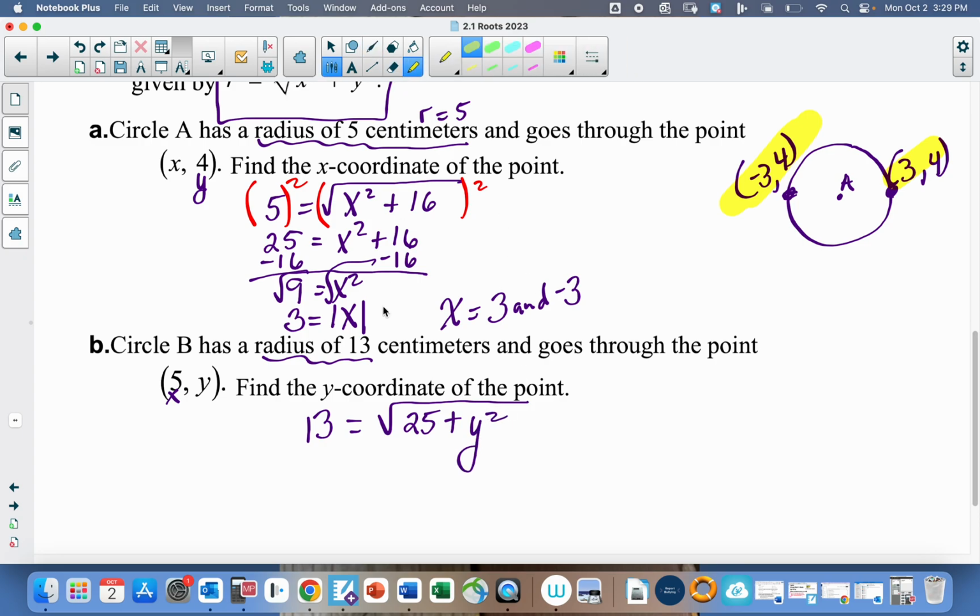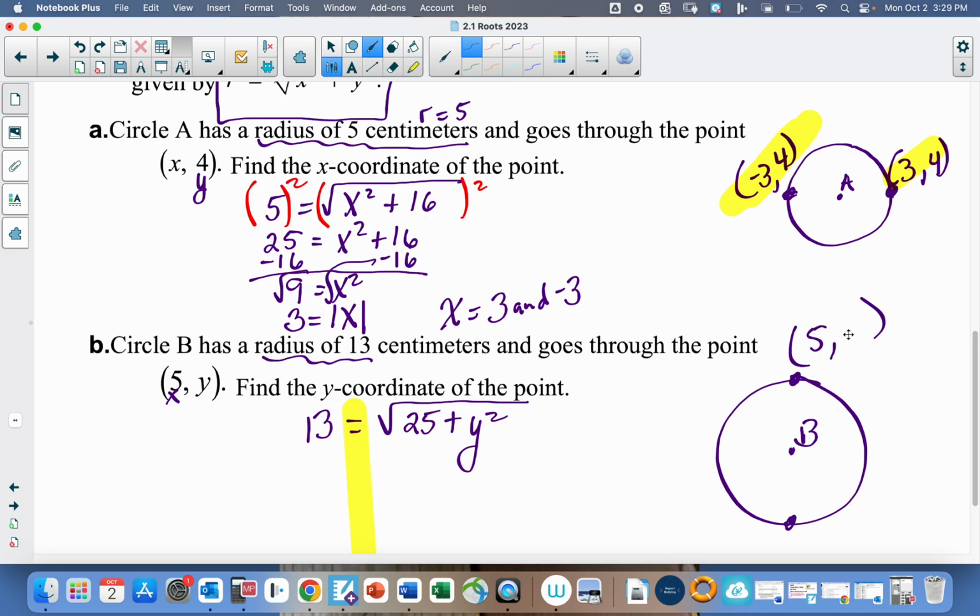And now you're going to go through and solve it, and you're going to get 2 different values for y. And so for the circle B, you're going to have 5 comma something and 5 comma something. One's going to be positive, one's going to be a negative. All right.